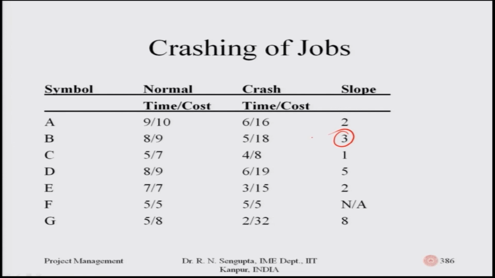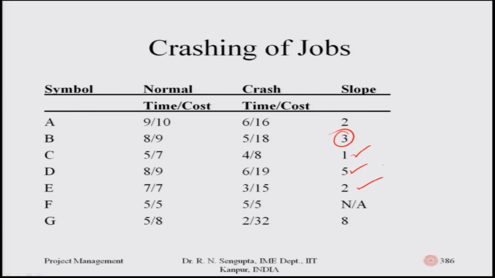If you consider C, it is 8 minus 7, which is 1, divided by 5 minus 4, which is 1, so 1 by 1 is 1. If I go to the next one, I am going slowly, please bear with me. The D activity is 19 minus 9, which is 10, divided by 8 minus 6, which is 2, so it is 5. Then for activity E, it is 15 minus 7, which is 8, divided by 7 minus 3, which is 4, so 8 by 4 is 2.